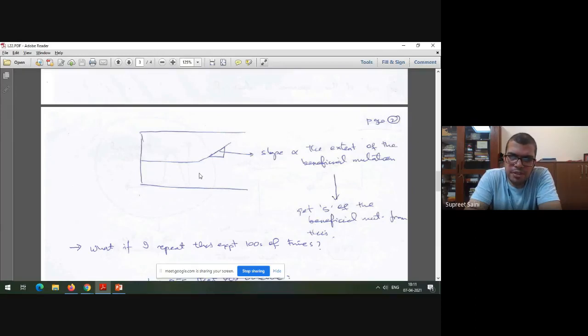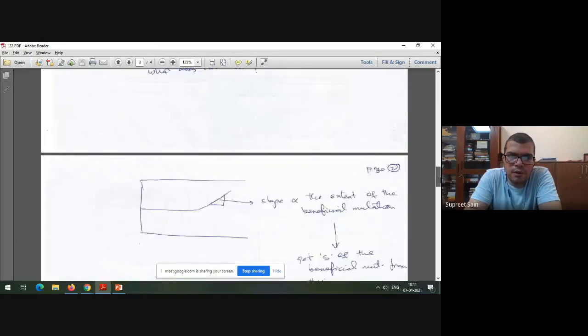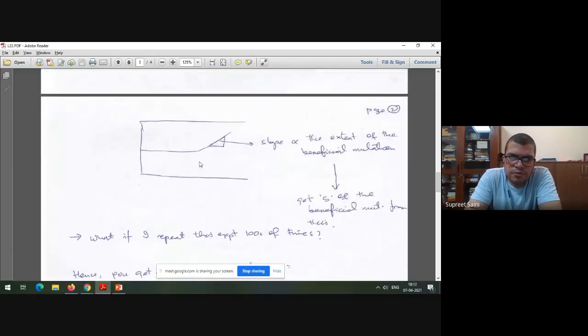And remember that the beneficial mutation happened in one individual here. When this beneficial mutation occurs in this one cyan individual, that cyan individual is outcompeting all these yellow and also all these cyan.